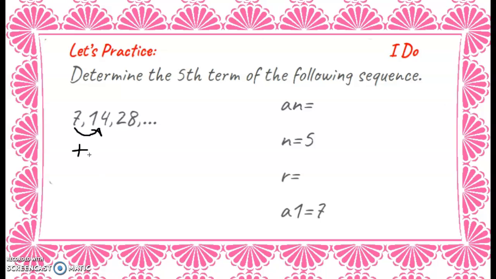So instead of adding, looks like we're going to be multiplying by something. 7 times 2 is 14. So let's try that. 7 times 2 is 14, and 14 times 2 is 28. So that looks like it works. So this is going to be a geometric sequence.